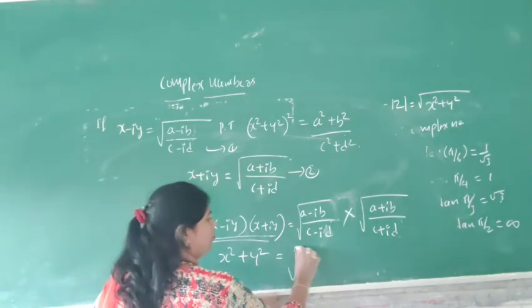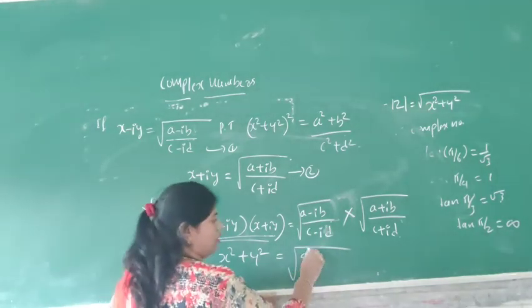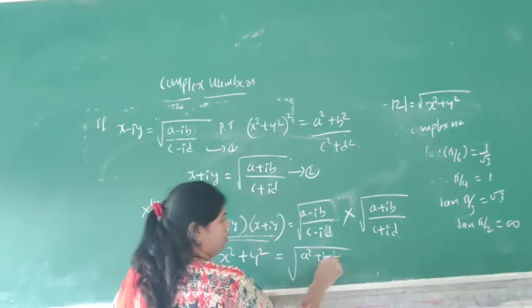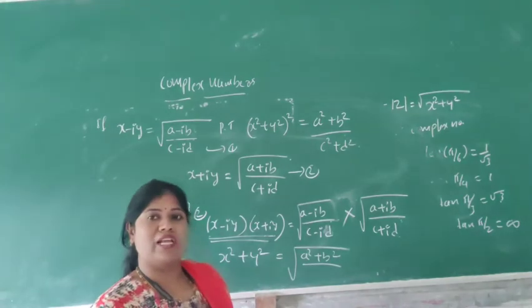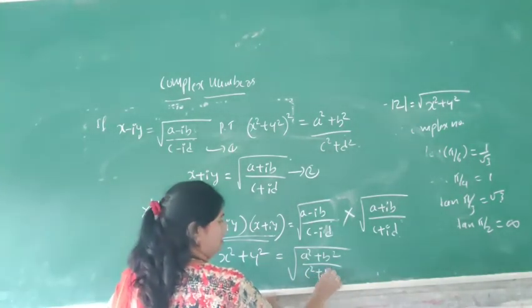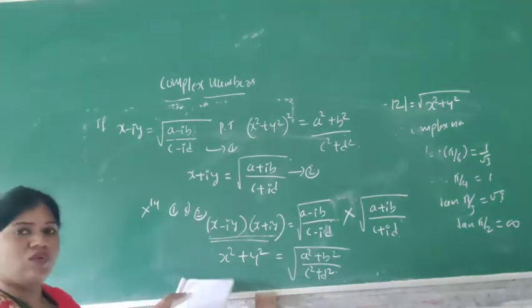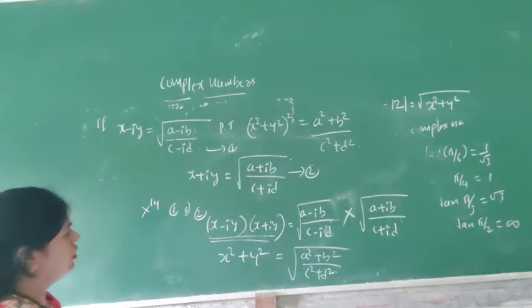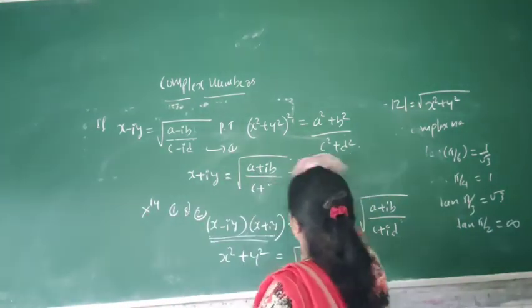And this is also the same: a minus ib into a plus ib is a square plus b square, and c minus id into c plus id is c square plus d square. Okay. If you take square on both sides, what will it be?